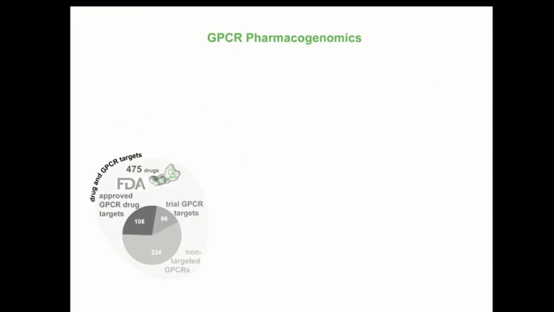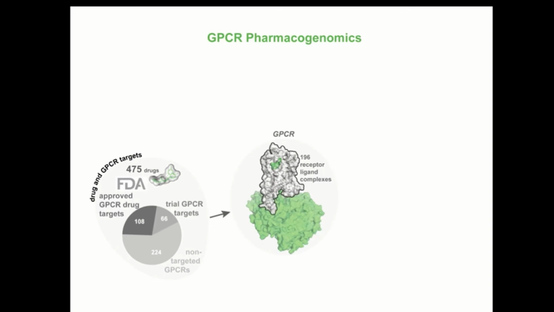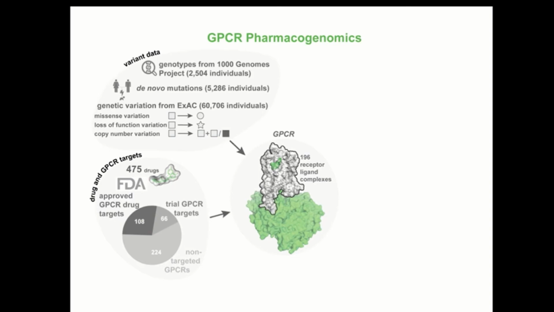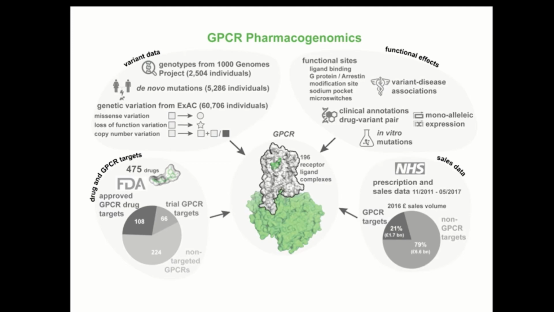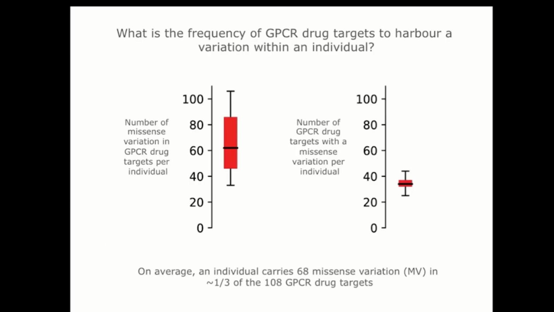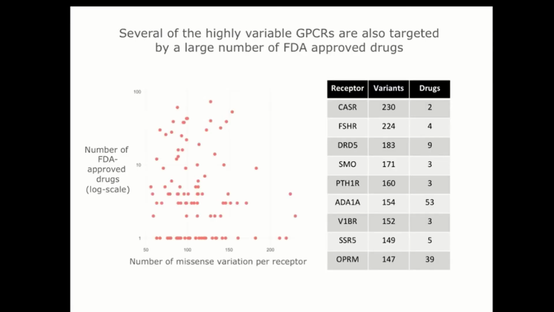To address these questions, we analyzed multiple large-scale data sets describing the FDA-approved drugs and their targets, data on receptors in complex with diverse ligands and effectors, variant information from over 60,000 individuals, data on functional effect, and information on drug sales from the UK National Health Service. We found that on average, an individual carries 68 missense variations in approximately one third of the 108 GPCR drug targets. Additionally, many FDA-approved drugs also target a number of the highly variable GPCRs.